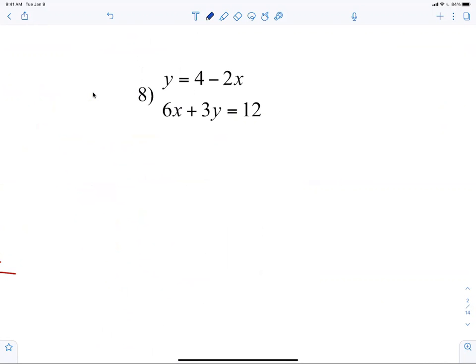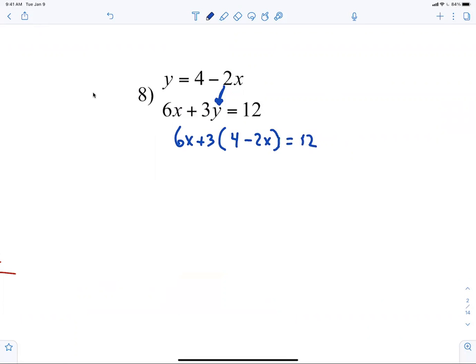Again, we have a substitution here. So I have 6x plus 3 parentheses 4 minus 2x equals 12.